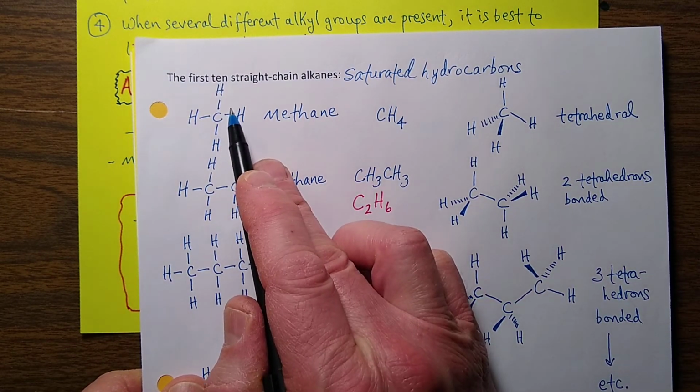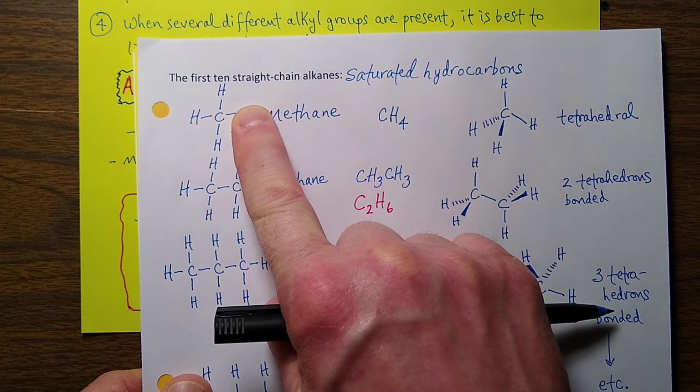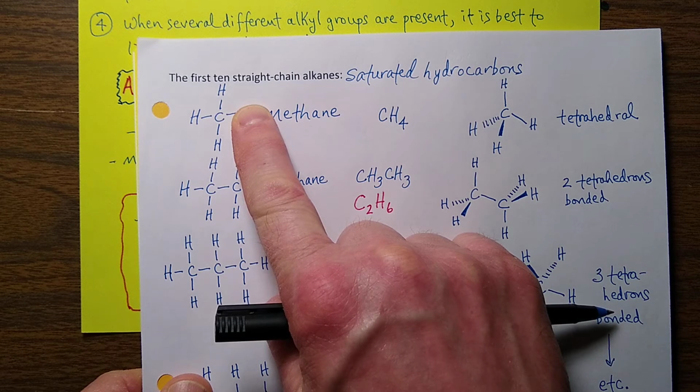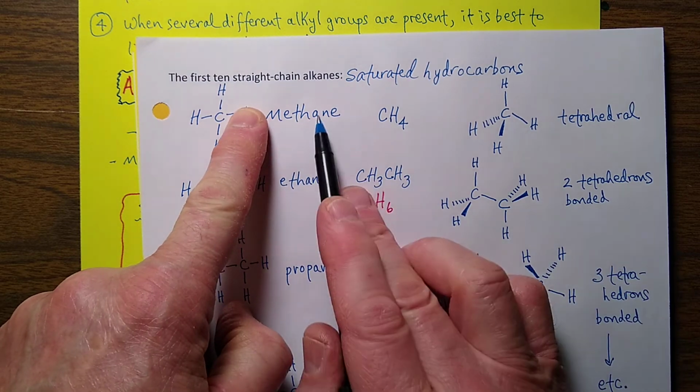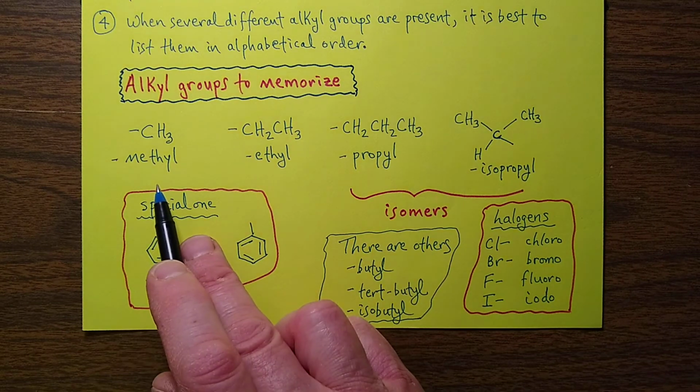If you just cut off one of the hydrogens, now you have a carbon with 3 hydrogens, but it has room for one more bond. So that CH3 can be part of a larger molecule. We call that a methyl group. We drop the ANE ending and add YL, and call it a methyl group.